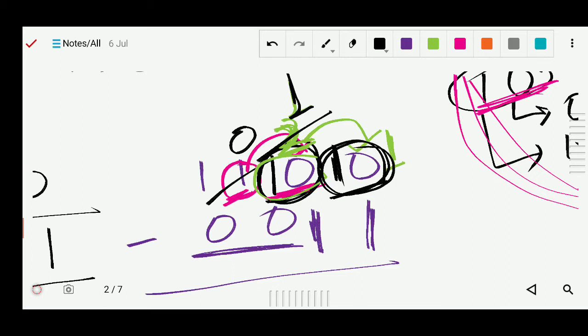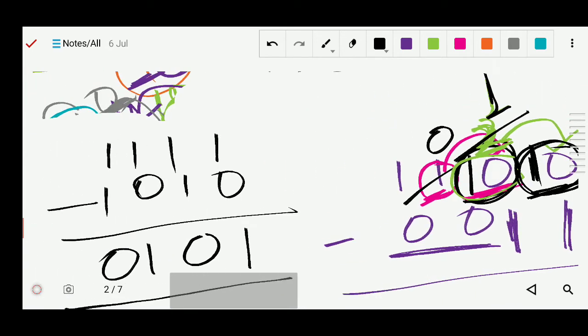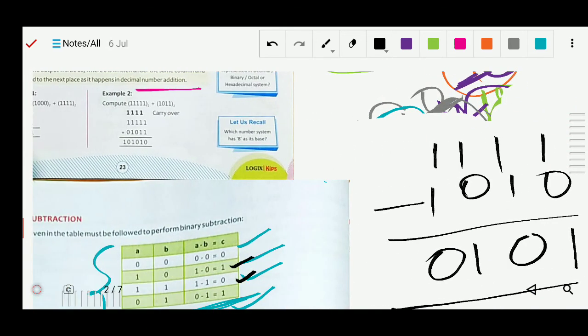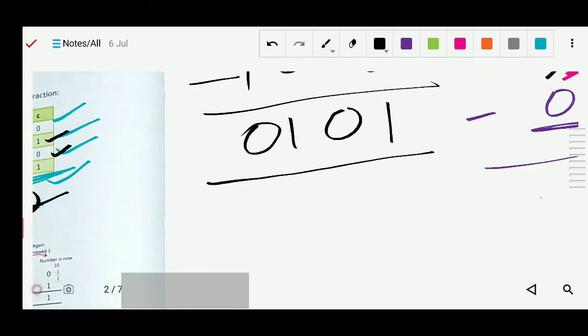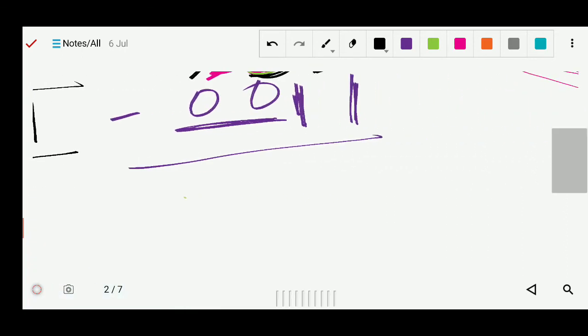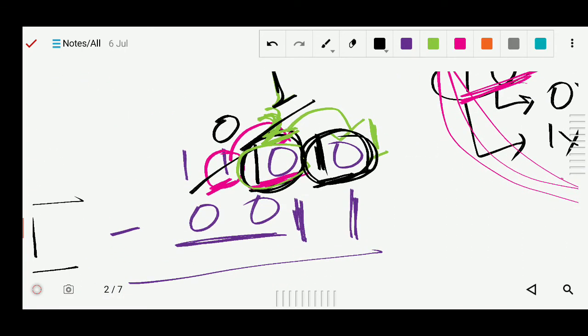So in this table you can see, now we can subtract 10 minus 1. You can see in this subtraction table, 10 minus 1 is 1, or you can see this 10 also stands for 2, 2 minus 1 is 1. Okay, so what can you write here? 1.